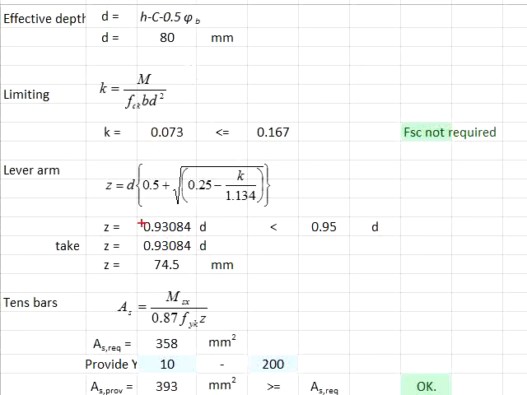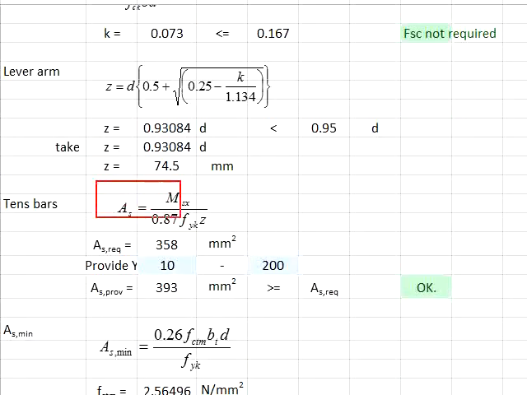You acquire Z equals 0.93 D. This is less than 0.95 D. Therefore, you will use 0.93 D. It is only when this is more than 0.95 that you will use 0.95. The Z is limited by a maximum of 0.95 D, which in this case will be 74.5 mm.